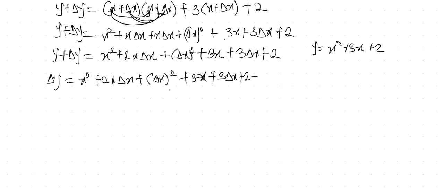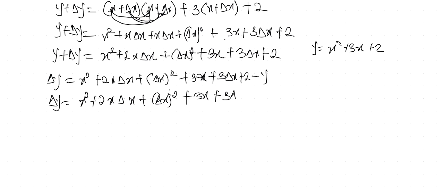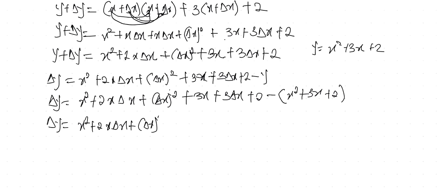Change in y will be equal to x squared plus 2x change in x plus change in x squared plus 3x plus 3 change in x plus 2 minus y, and y is x squared plus 3x plus 2. Then you open the bracket using the minus: minus x squared minus 3x minus 2.